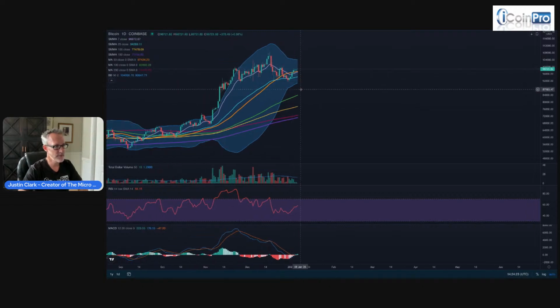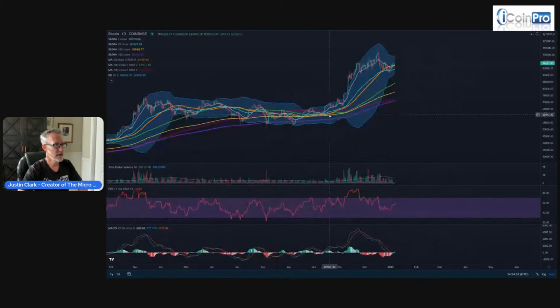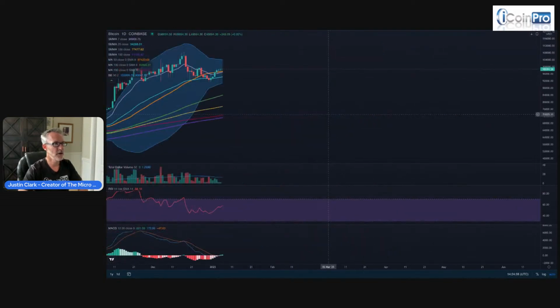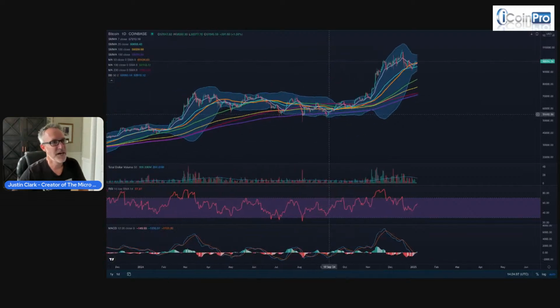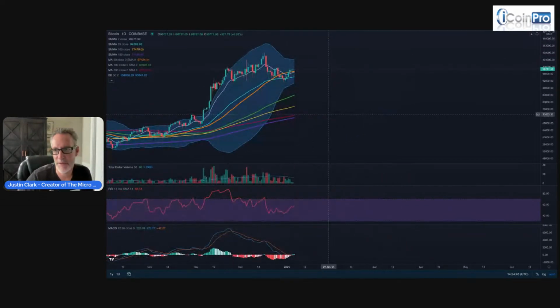If we quickly move down and then go lower and then go lower, and the one-day Bollinger Band starts to open up and bubble downward, that wouldn't be good at all right now. So we'll have to see. But it could be one of these things where we all look back on it and are like, yeah, 100K was the top. I mean, it made perfect sense, right?